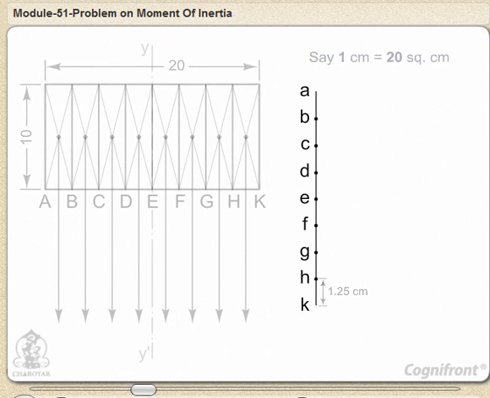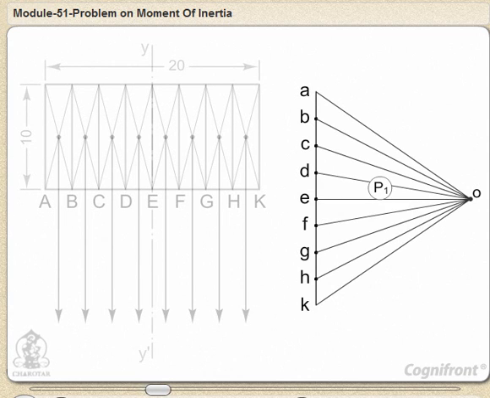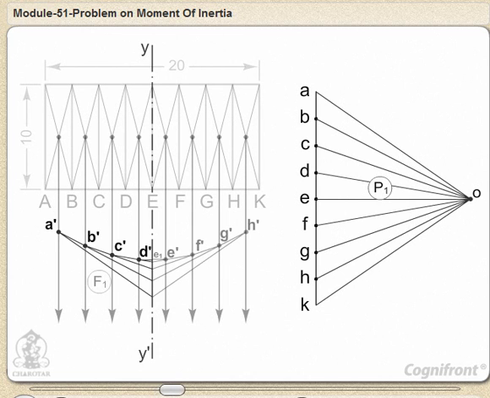Mark the pole O at any convenient polar distance D1, say 5 centimeters from the line AK, and complete the polar diagram P1 by joining O with the points A, B, so on up to K. Draw the funicular polygon F1 as explained in the previous problem.